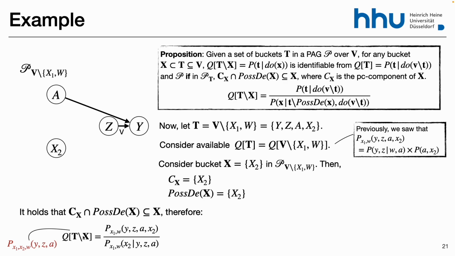And this is the same here: the probability of T minus X. Our T is this, and our X is x2, so it's this set minus x2, which is just y, z, and a.